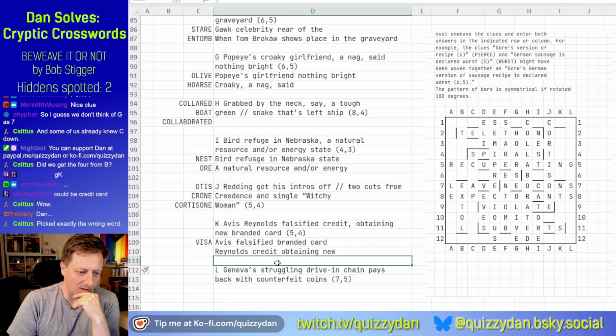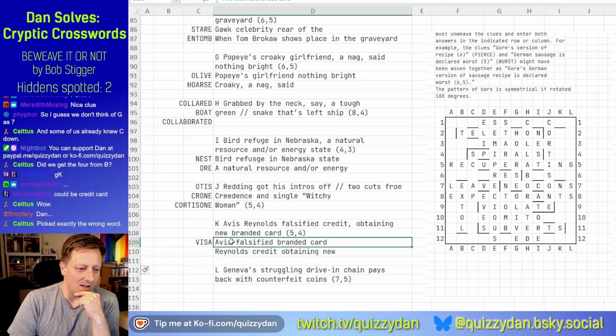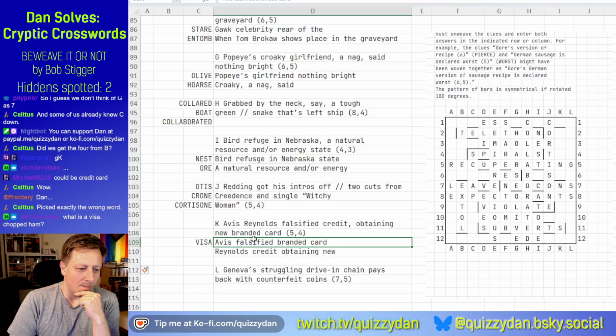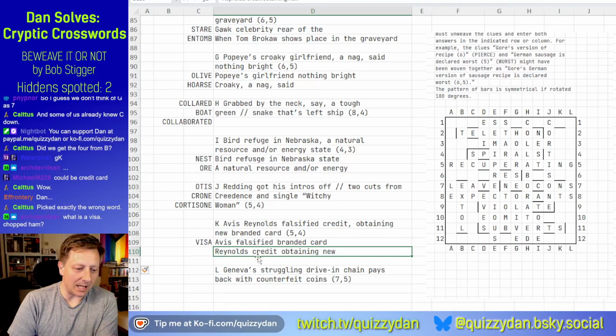Okay. So, what have I done wrong? Avis. I guess falsified could go in the other one, and new could go. It could be Avis new branded card, and then Reynolds falsified credit. But then what's obtaining doing?